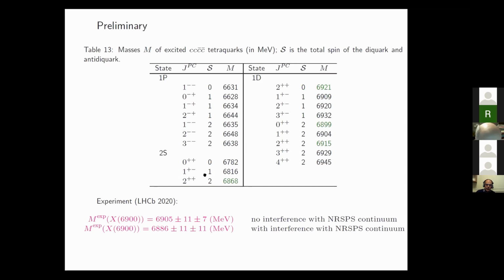And although these states have a rather large phase space for decay to charmonium states, such decays could be suppressed due to the non-trivial nodal structure of the first radially excited state, and in the case of orbital excitation, it is necessary to overcome the centrifugal barrier.